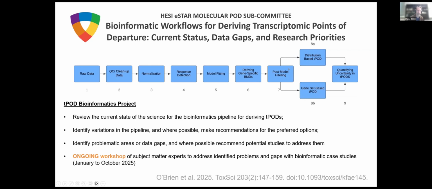And we actually have an ongoing workshop right now. It started in January, and we're planning on running it until October, where we hope to address all of these data gaps and make recommendations on some baseline or standardized baseline approaches, and maybe recommend some experiments that can be done to address any outstanding issues. So this is ongoing right now.